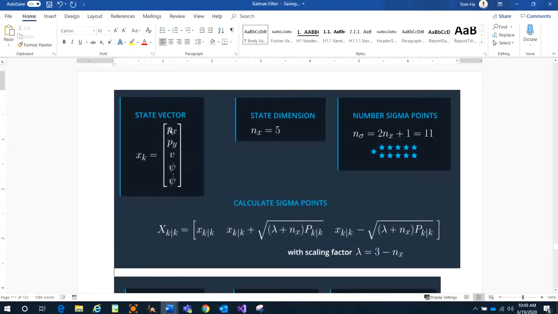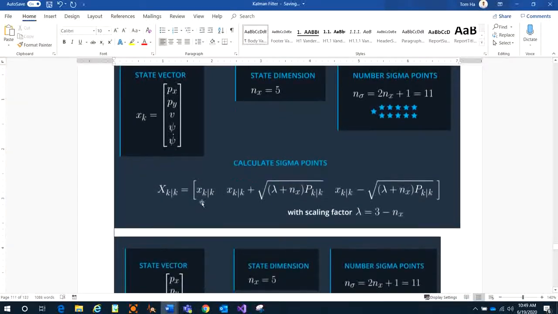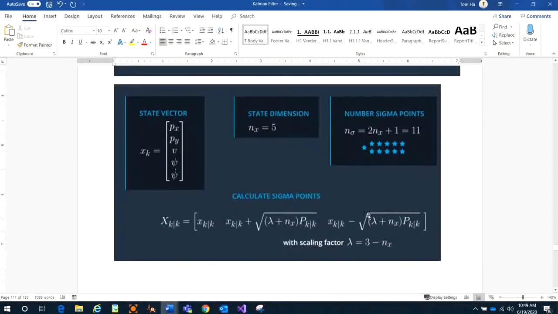Right now we have the state vector. Remember, we have the state vector, with px, py, v, yaw angle, and yaw rate, and the state dimension right here. We have the number of sigma points, 11, meaning the equivalent columns in the sigma point matrix, and we calculate the sigma points with the formula and lambda right here. Remember that, okay?